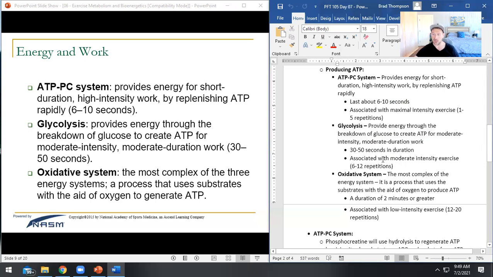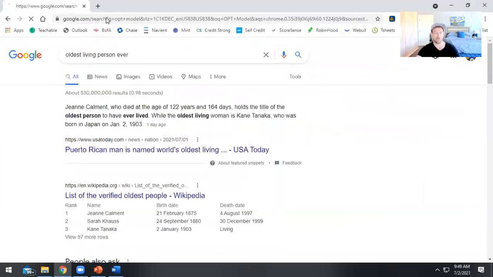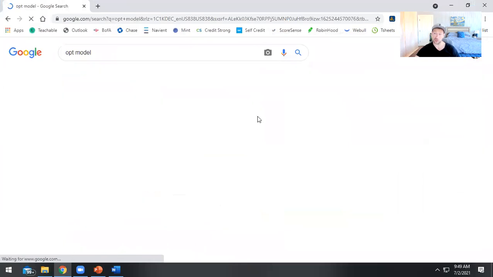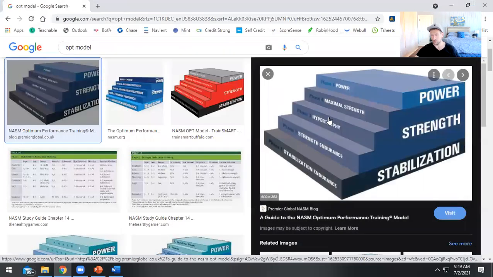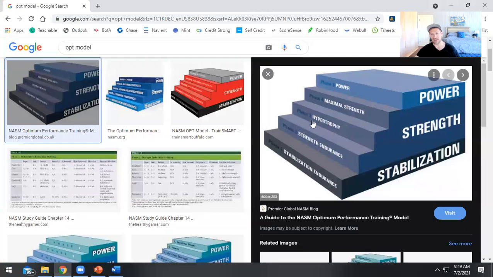So you're literally spending all of your time in glycolysis if that is how you are lifting. And that's why hypertrophy, which is the middle of the OPT model and mostly focused on muscular growth, well, hypertrophy is relying on glycolysis. Glycolysis produces lots of lactic acid as a byproduct. Lactic acid creates cellular damage.